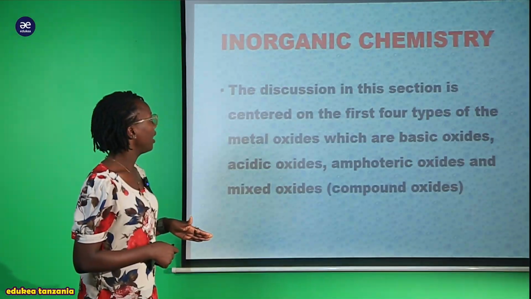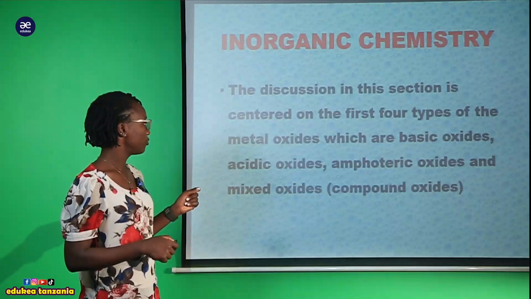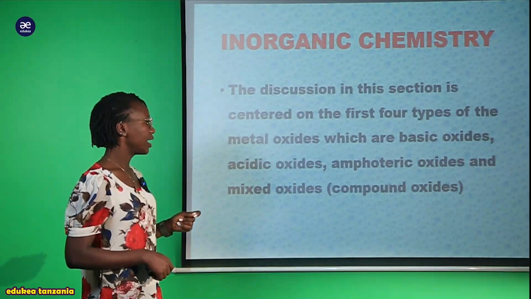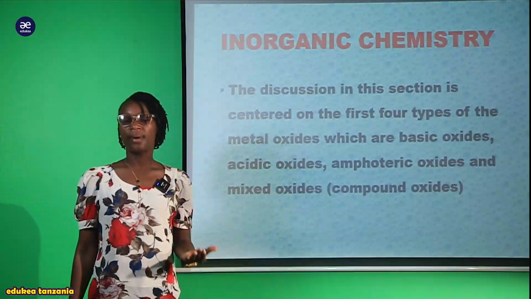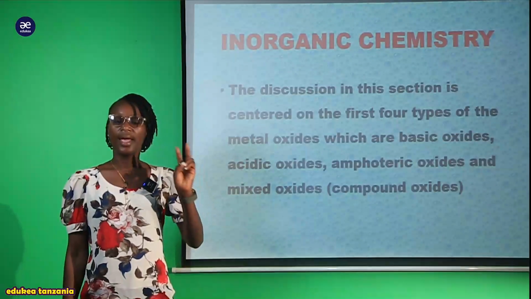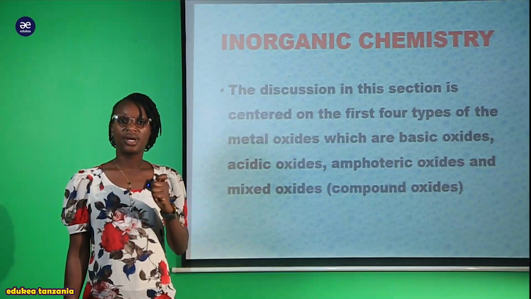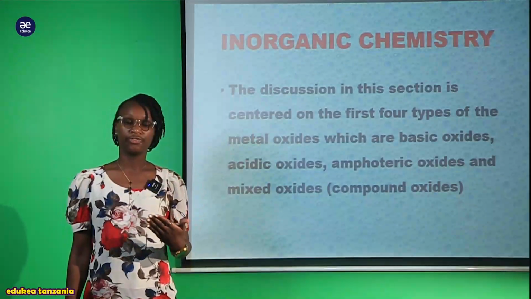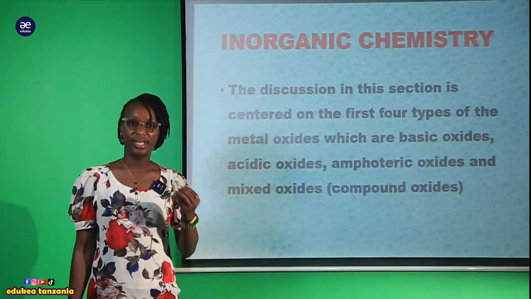So anasema kwamba the discussion in this section is centered on the first 4 types of the metal oxide, which are the basic oxide, acidic oxide, amphoteric oxide and mixed oxide. Sasa tumeona kwamba classifications za metal oxide zinaweza kuwa katika acid oxide, basic oxide, amphoteric oxide or compound, sometimes known as mixed oxide. Lakini tukaona kuna hizo another categories ambayo ni the issue of the peroxide, superoxide, the neutral oxide, whatever.